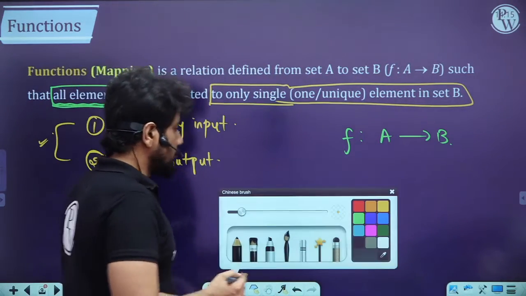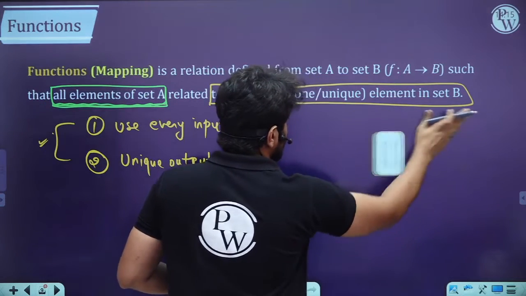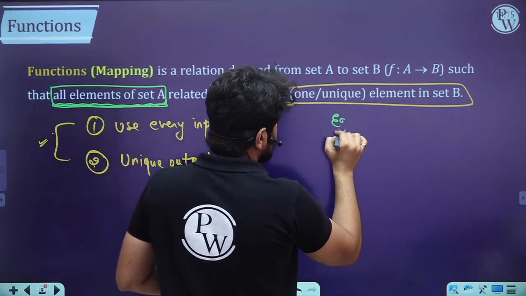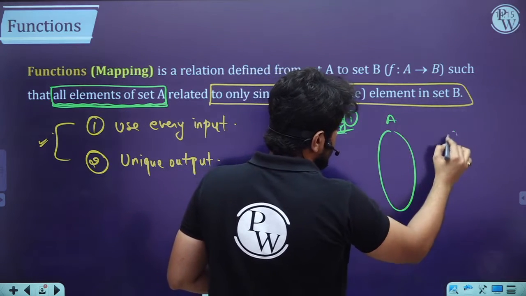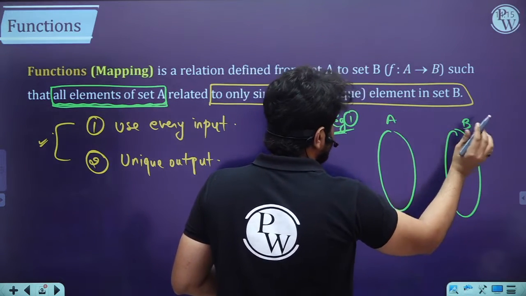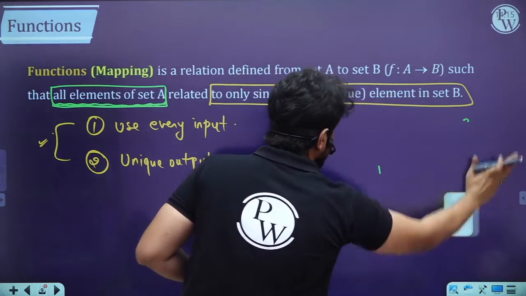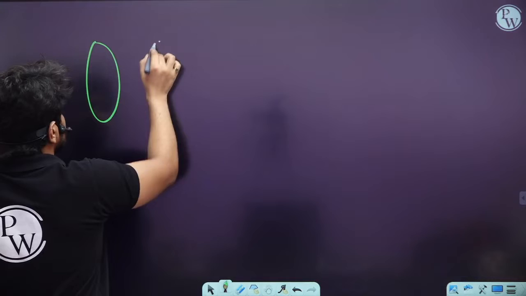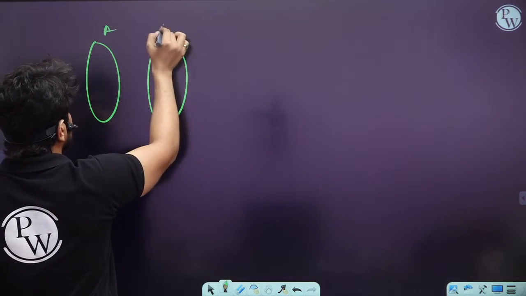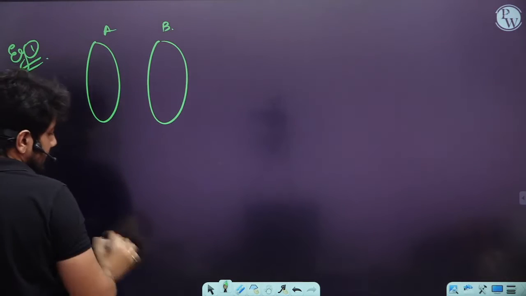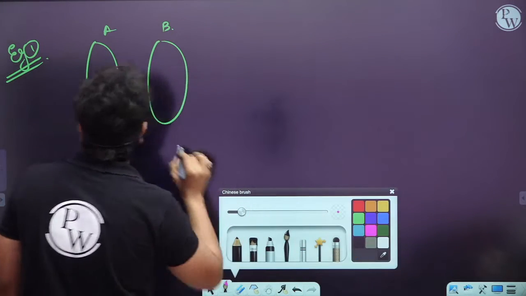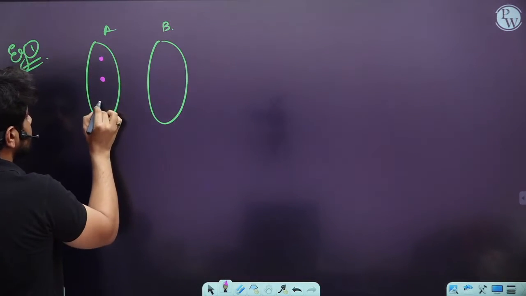Let me show you some examples. Example 1. Suppose there is a set A and there is a set B. Let me show you these examples in the next slide. In the set A, we have a few elements. Let's say there are 3 elements.